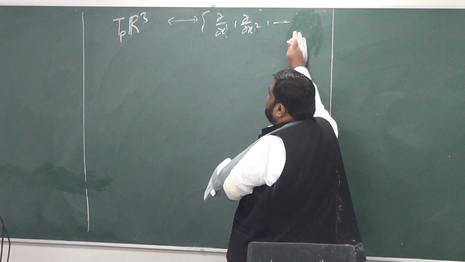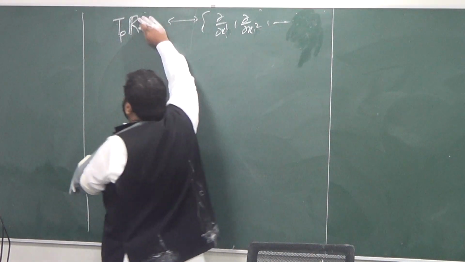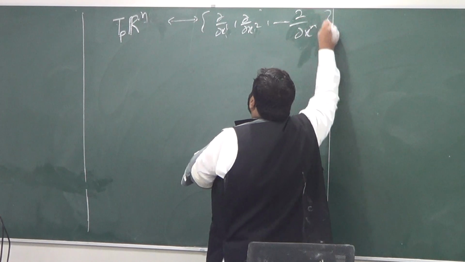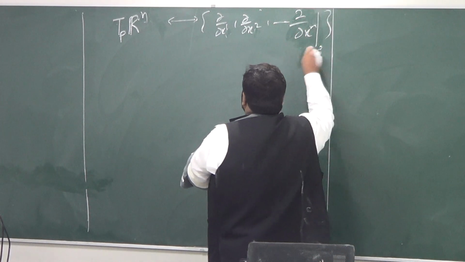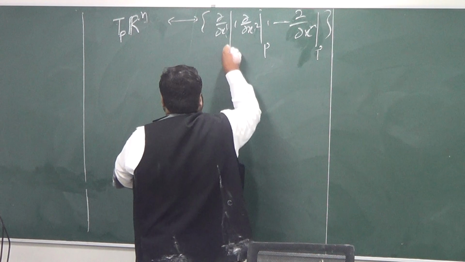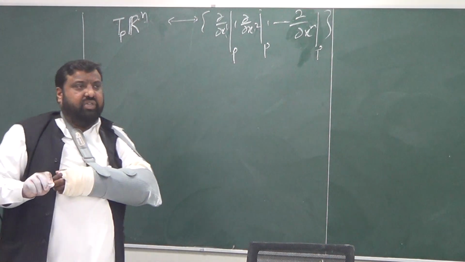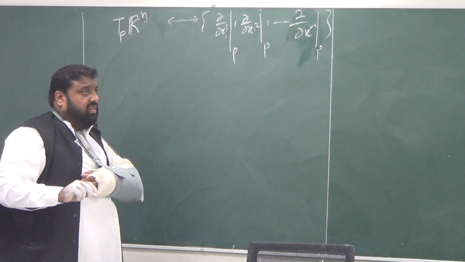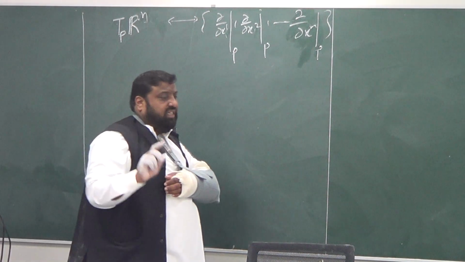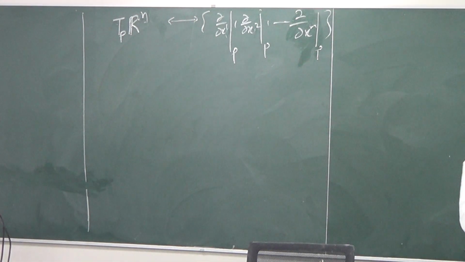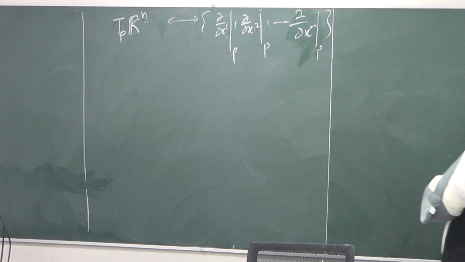If I put an R^n here, it's partial by partial xn, and everything is evaluated at a point. You have to do these evaluations at a point. So we know that. And I gave you an exercise to prove that this is a basis for such a map. I don't know whether you have attempted it or not. If not, my sympathies are with you.